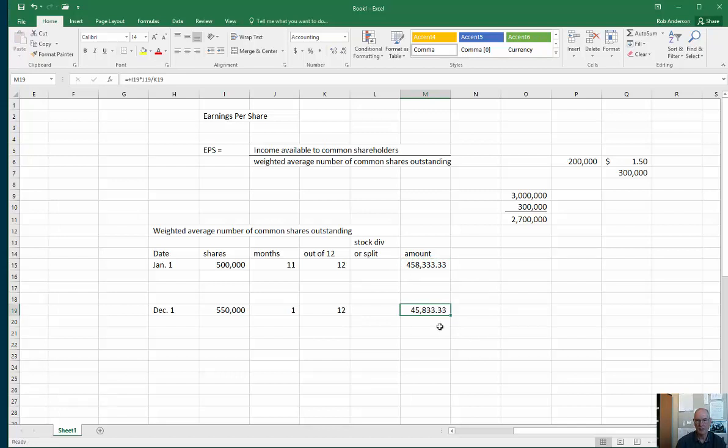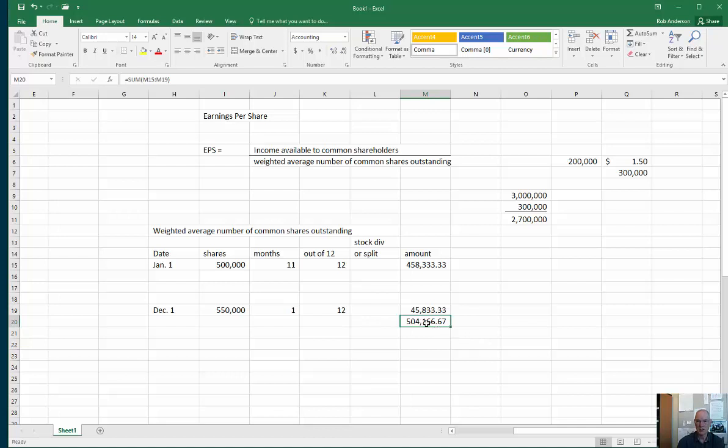Okay, so all together, I'm going to add these up, and you'll see that the final answer is just a little bit more than 500,000, right? And that's because this extra 50,000 was only outstanding for 1 month. So this would actually be our denominator, weighted average number of common shares outstanding.